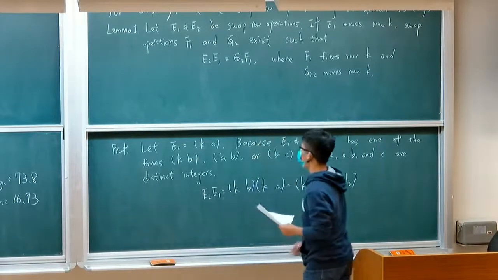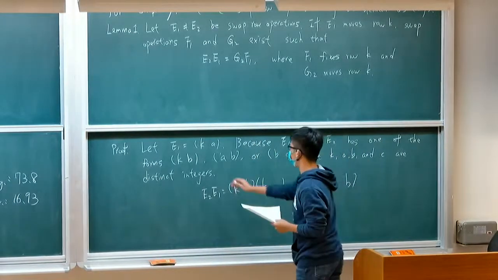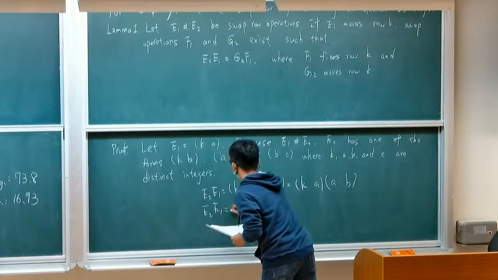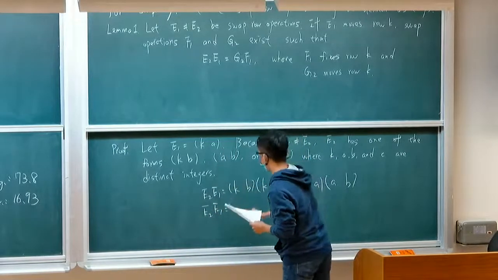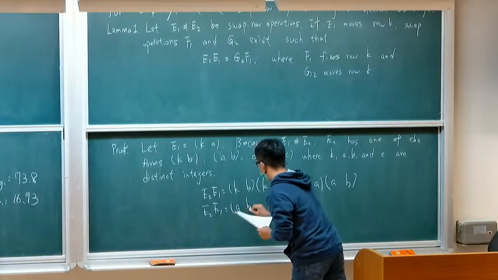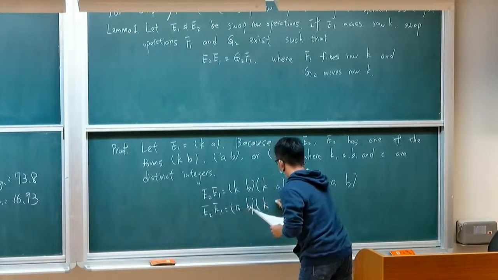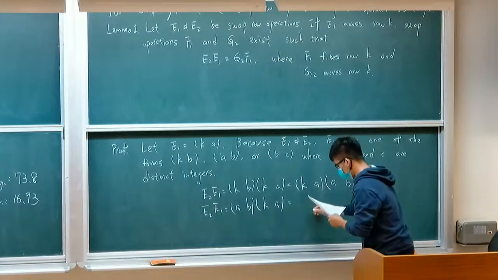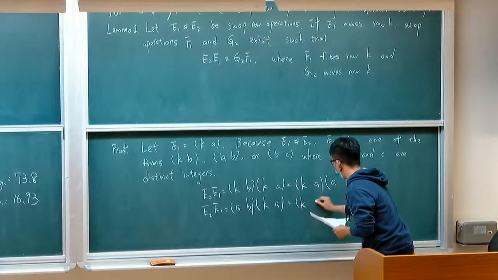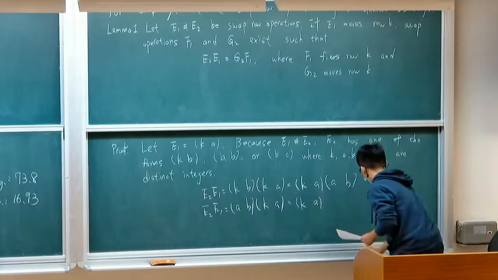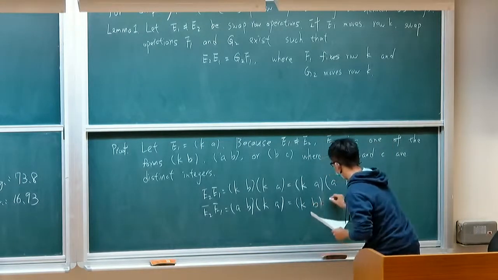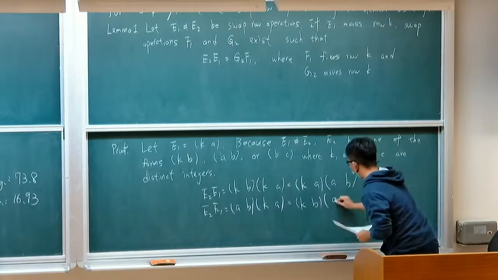Then how about the second possibility? If E2 is in this form, then it is equal to KB AB.